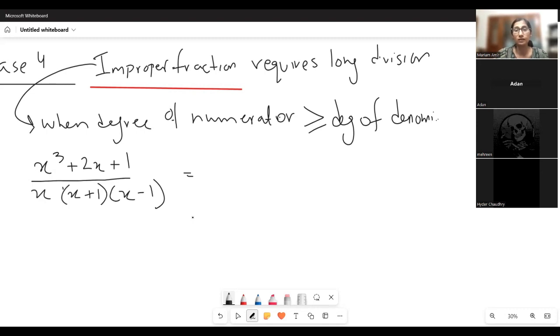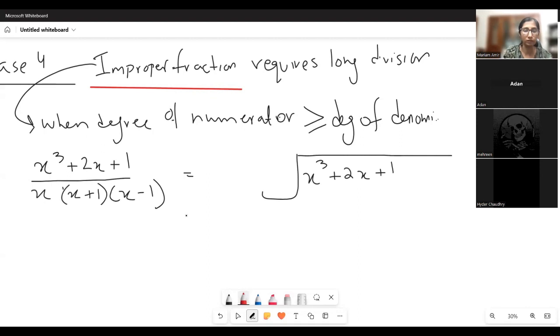So this qualifies as an improper fraction, which has to be fixed by long division. So we're going to do long division of this. Inside we have x cubed plus 2x plus 1. And outside this, let's simplify this. We have x times, combine this, we get x squared minus 1.